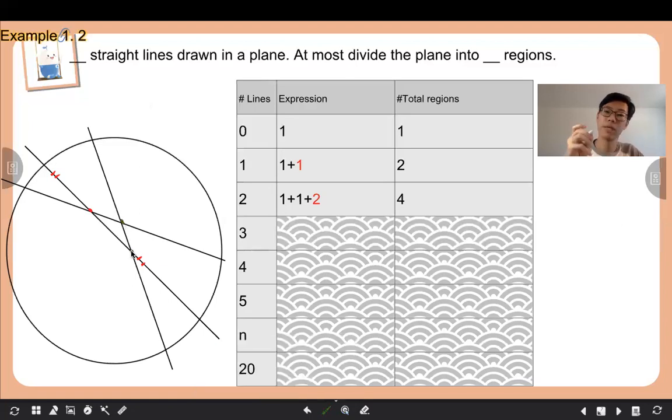So note what I said before. How many new parts is this new line being divided into by these intersections? We are having 2 intersections, so there are in total 3 parts, right? In this case, how many new regions will this new line create?